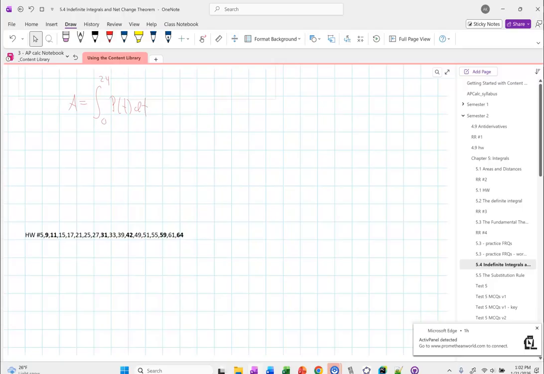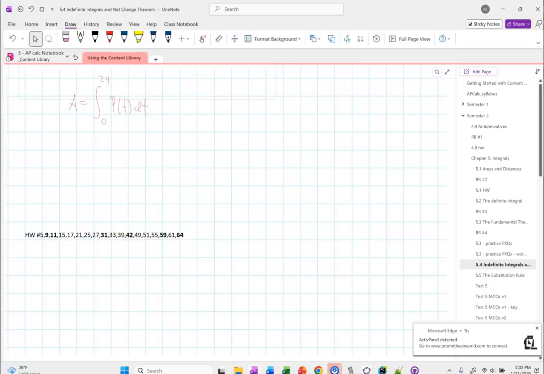And maybe we spend a little bit more time in 5.5. We'll just kind of play that out. 5.5's the first section where we learn a new anti-differentiation technique that's not just one of the derivative rules in reverse.